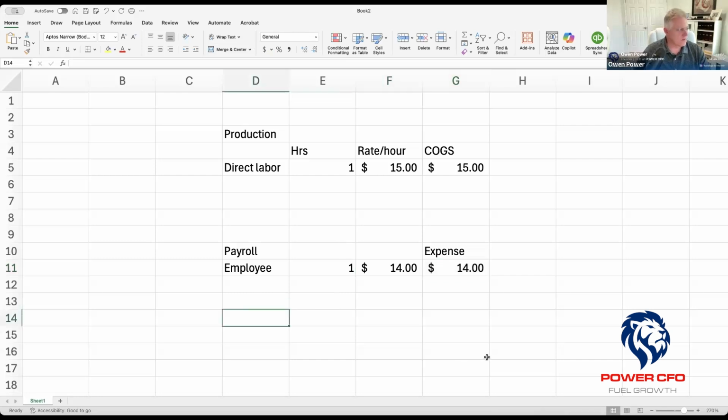And so the reason why this is 15 is because we were estimating. We didn't know exactly what it was going to be. We thought we might always use employee number one, who gets paid $15 an hour, but we end up using employee number two, who only gets paid $14 an hour, as a possible scenario.